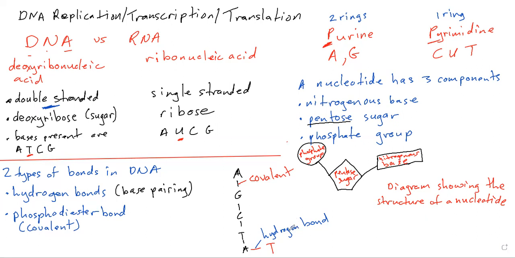On a particular strand of DNA you have covalent bonds, and between the two strands you have hydrogen bonding taking place. So those are the two types of bonds you have in DNA.